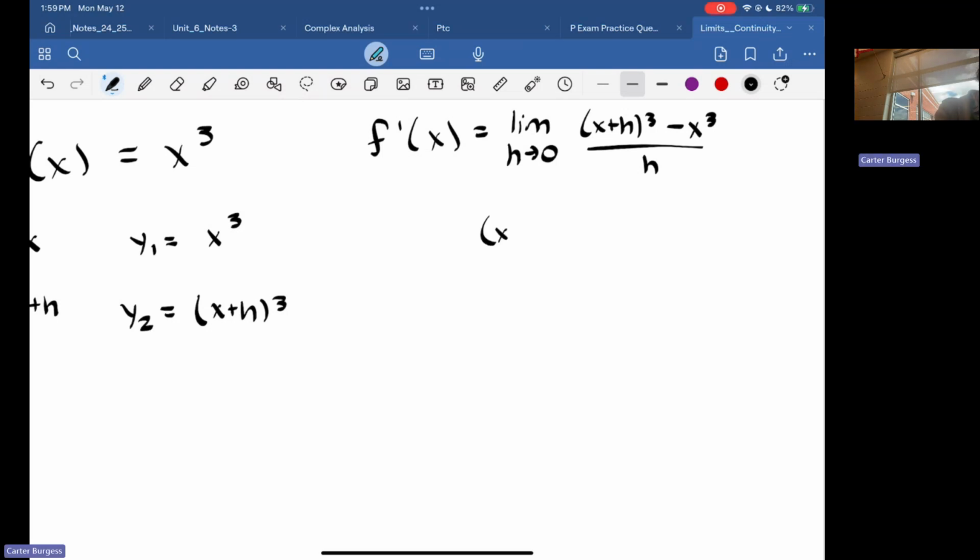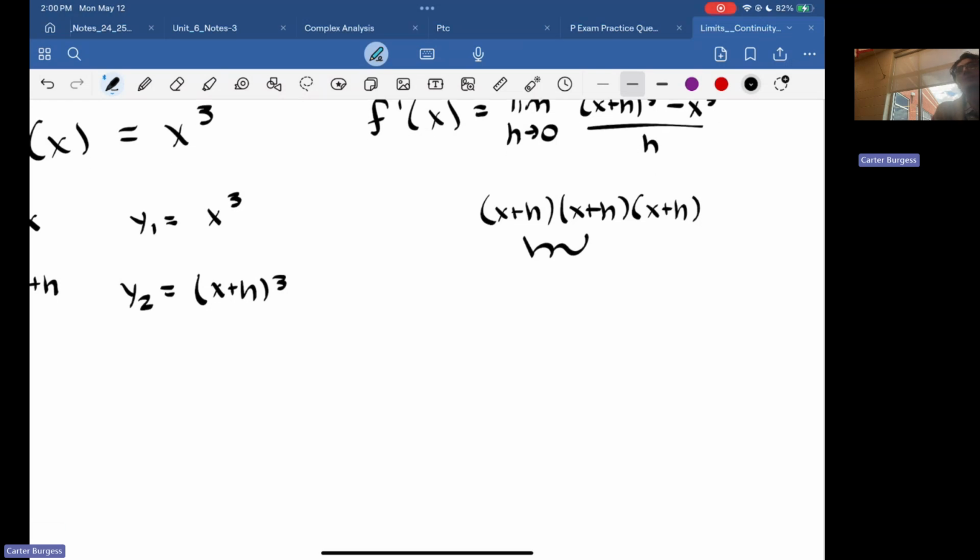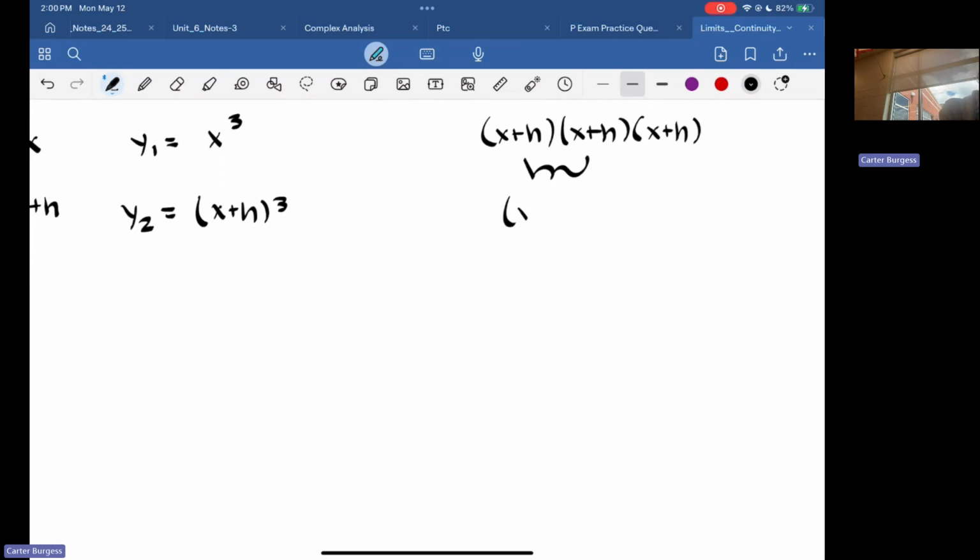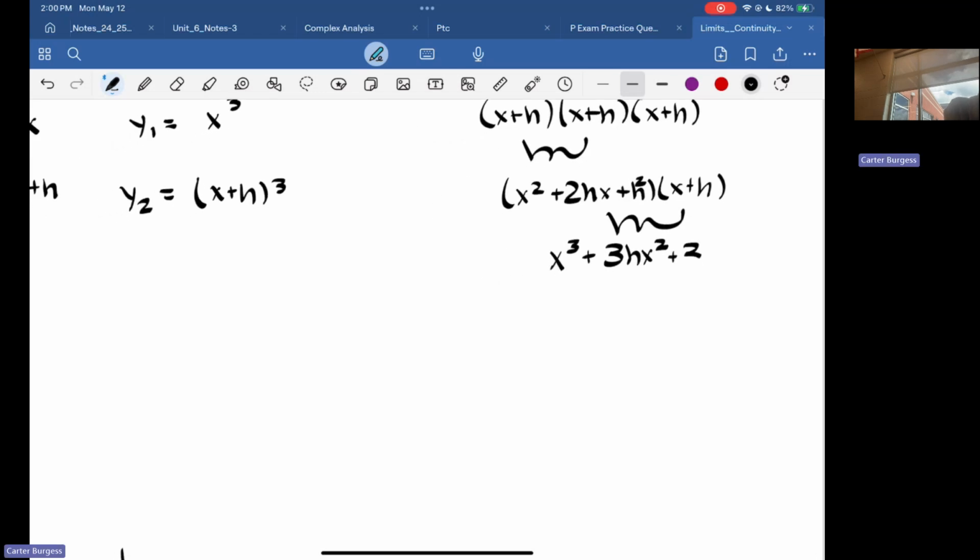So this is x plus h times x plus h times x plus h. I will leave the Punnett squares as a little bit of an exercise to the reader. I get here x squared plus 2hx plus h squared times x plus h. And doing out this multiplication, I get x cubed plus 3hx squared plus 3h squared x plus h cubed.